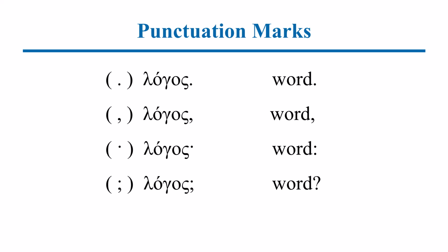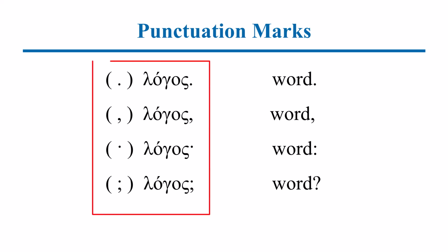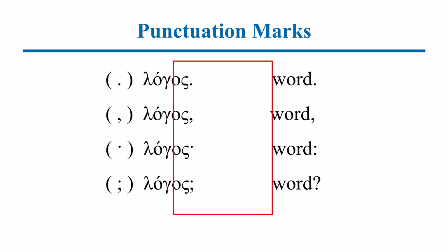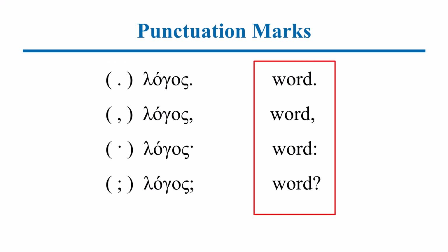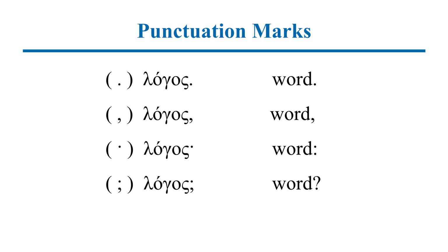Alright, so let me use the word logos to explain this. Logos means word. On the screen we have Greek punctuation marks on the left, and on the other side we have the English meaning. Now we were saying a full stop in Greek, a period in Greek, is the same as a period in English.